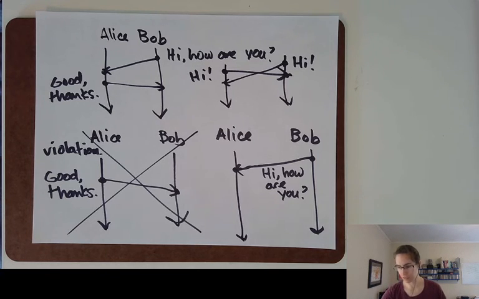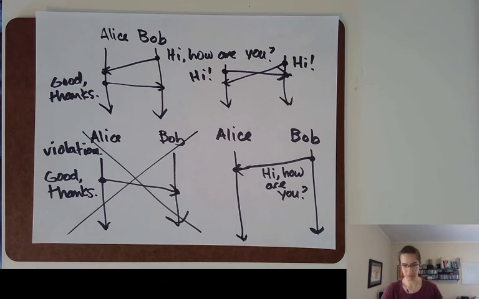So we're going to start to talk about some correctness properties that we want to have be true, and one way to summarize those properties and talk about them is to draw a picture of a violation of a property.